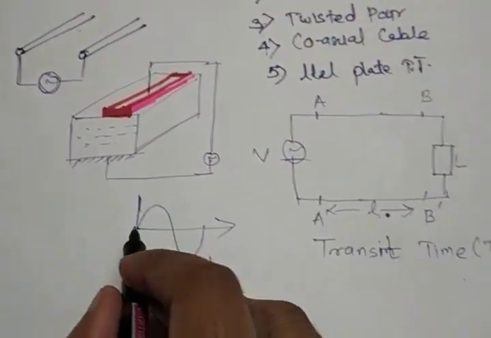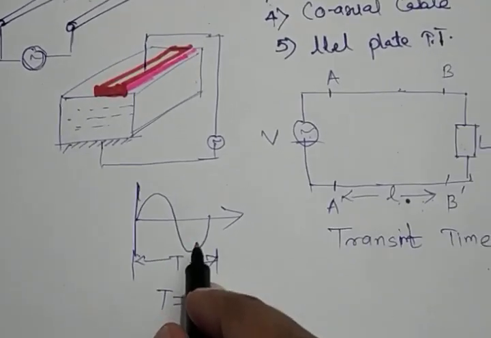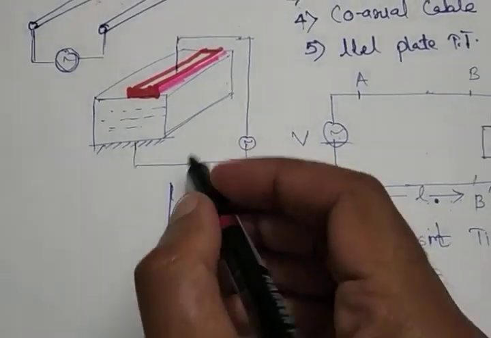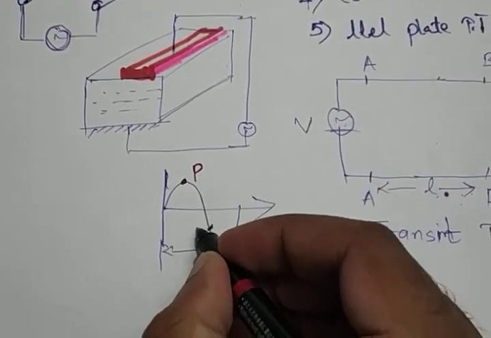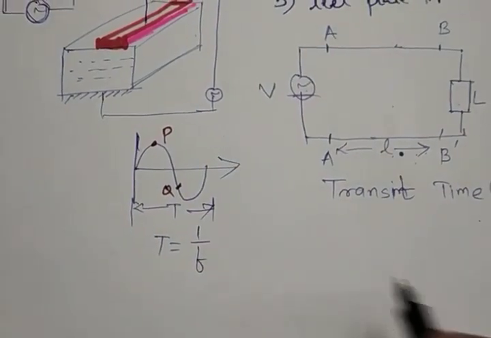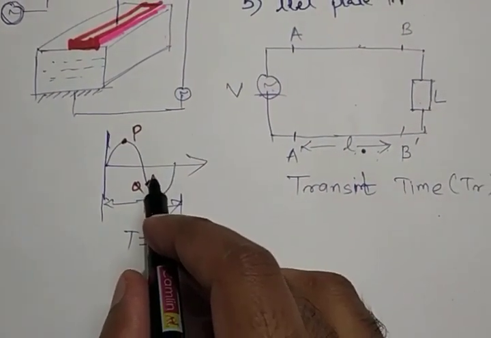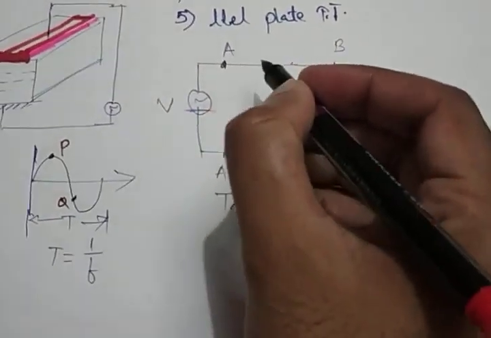So what happens at point P? Suppose we divide this signal into different timestamps, and consider that this is point P and this is point Q somewhere.